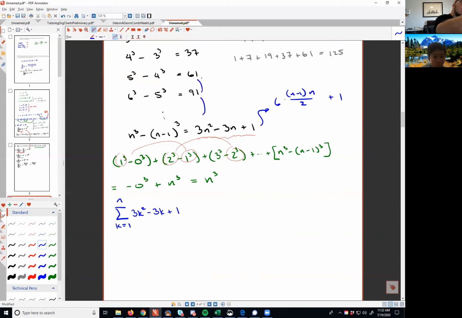Every one of these terms can be written that way for some k going from 1 to n. And all that is equal to n cubed.